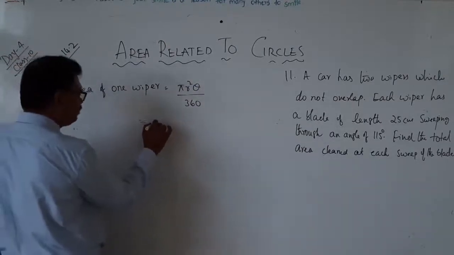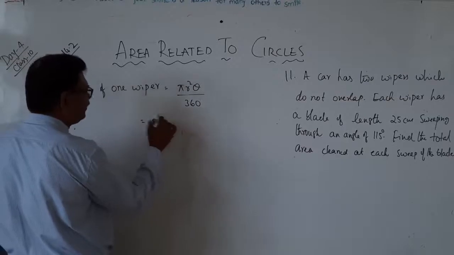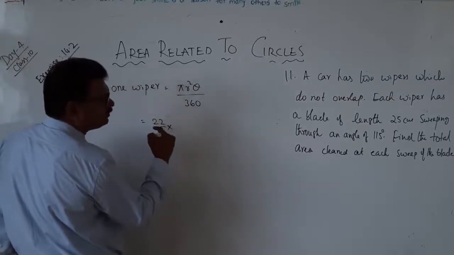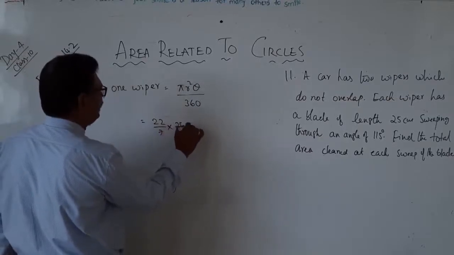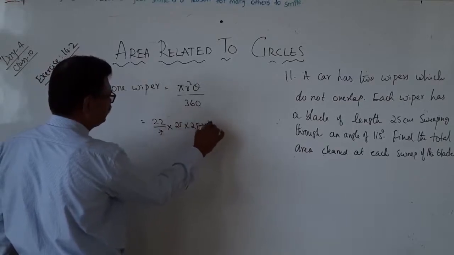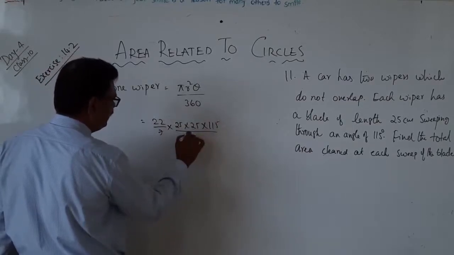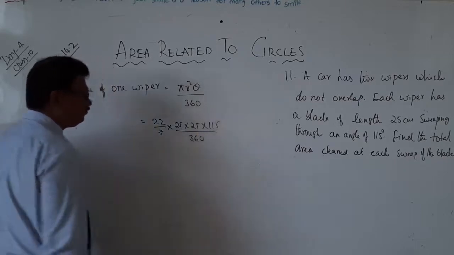Now pi is 22 by 7 into r, which is 25 into 25, theta is 115 divided by 360.